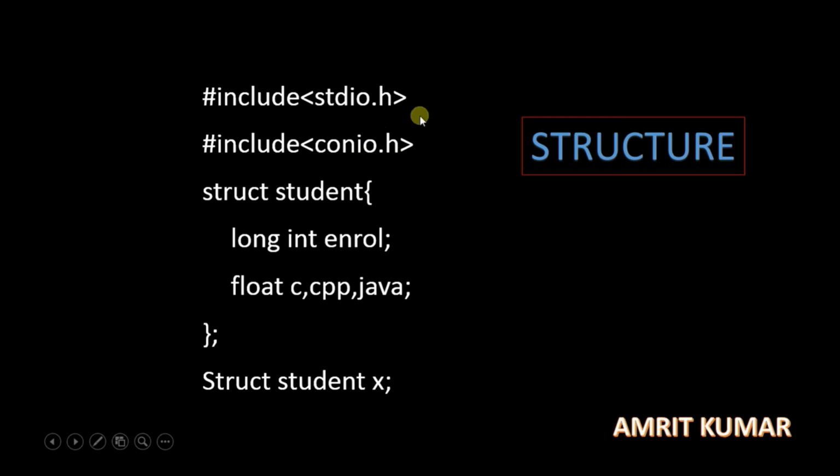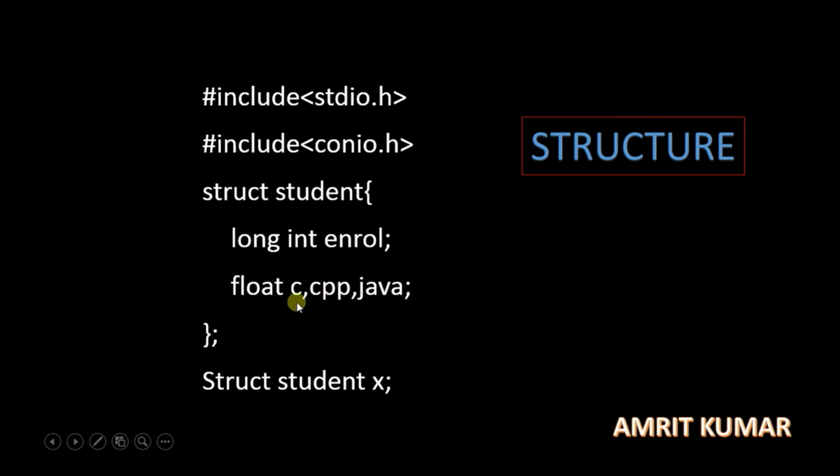After the declaration of these two header files, I am creating our own data type through a structure. I am using the struct reserved keyword for creating the structure here. So struct student, where student is the structure name. Then I am opening the braces, and for the variables I am using enroll and c, cpp, java.